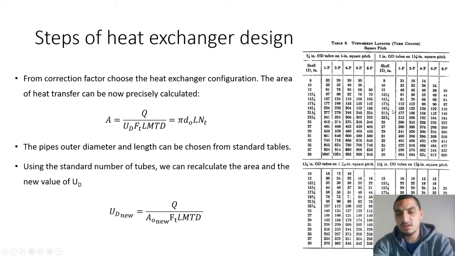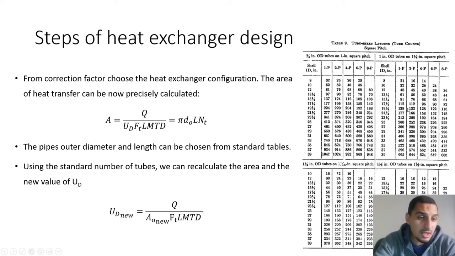I calculated the number of tubes and found it to be 130 tubes. So I go for two passes in this part of the table for the 1 inch outside diameter of the tubes, and this is the column of two passes. I found it to be 130, so I picked the greater. I have to pick from 112 and 132, so I picked the larger value, which is 132.